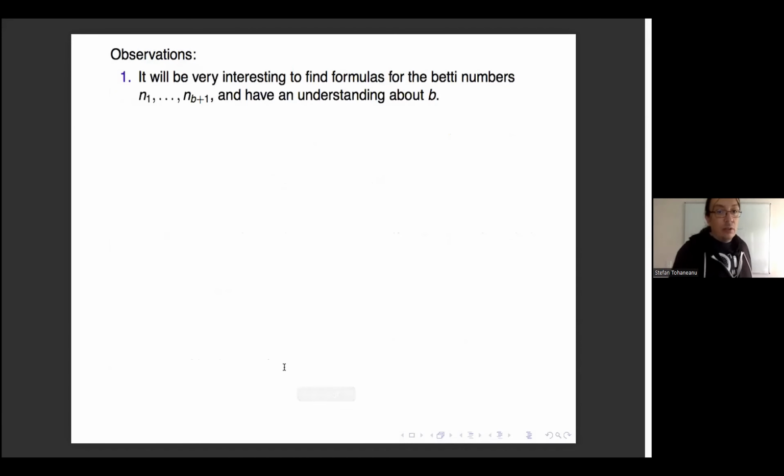So now, some observations about this linear graded free resolution. We'll be interested in finding those Betti numbers, or graded Betti numbers, those exponents, and having an understanding of the projective dimension.